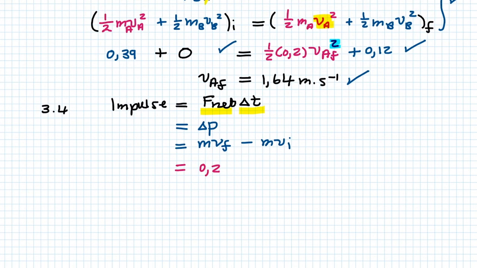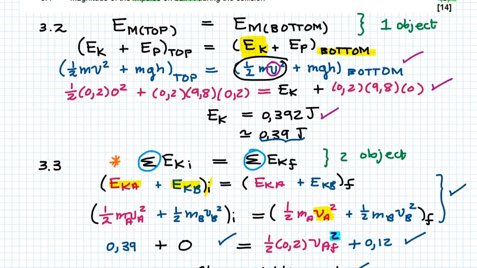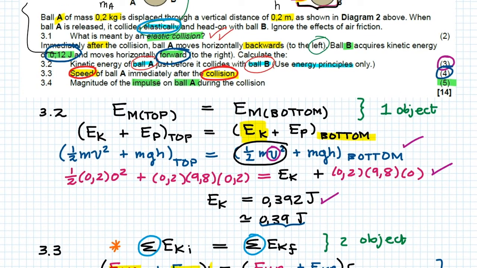Or let me rather say this, the final speed we just calculated. But it is very important that we remember that when we calculate impulse, we're not using speed. Instead, we are using velocity. So the question is, in which direction is this object moving? In which direction is ball A moving after the collision? And this was told to us.